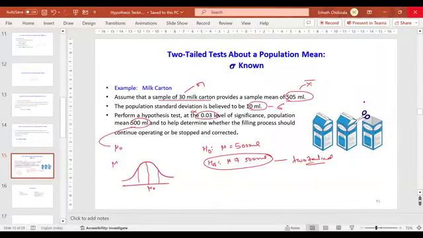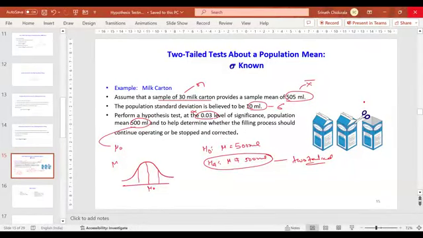Everything will remain the same except one thing. In the two-tail test, we will consider alpha by 2 instead of alpha. And we also discussed that during the confidence interval. So here we are saying that there is a 3% chance or 3% error which we can consider.